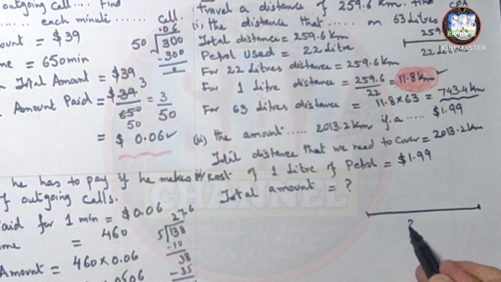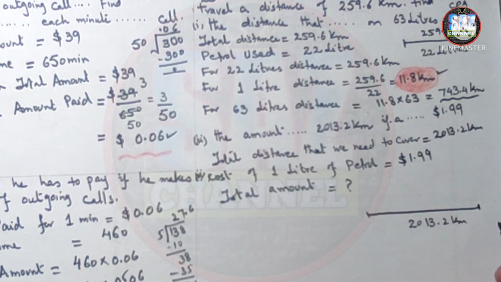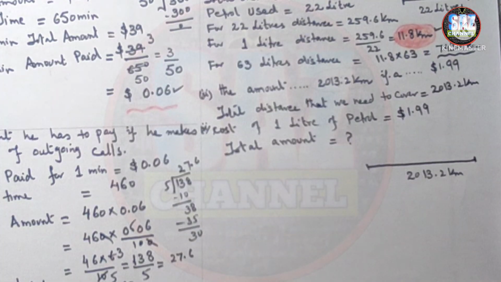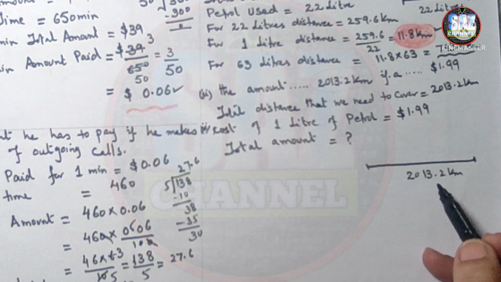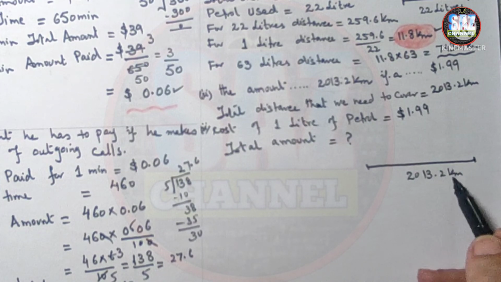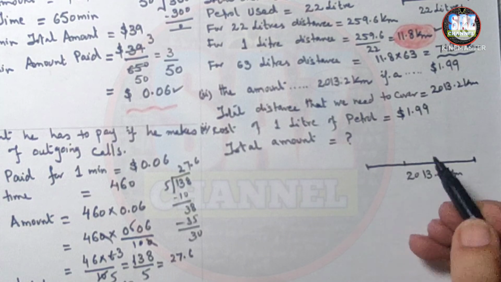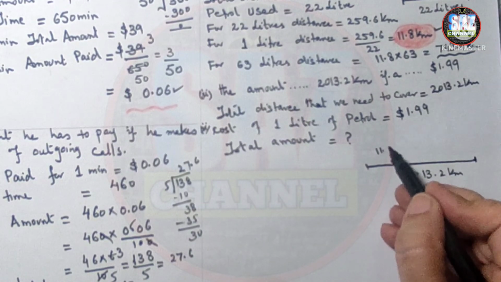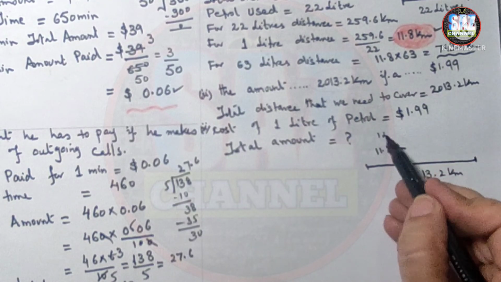That is 13.2 kilometers. First of all, we need to understand how many liters of petrol we need to cover 13.2 kilometers. If I am covering 11.8 kilometers, I need 1 liter of petrol.